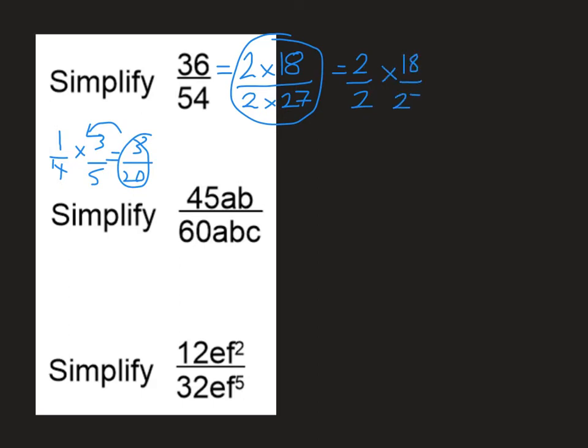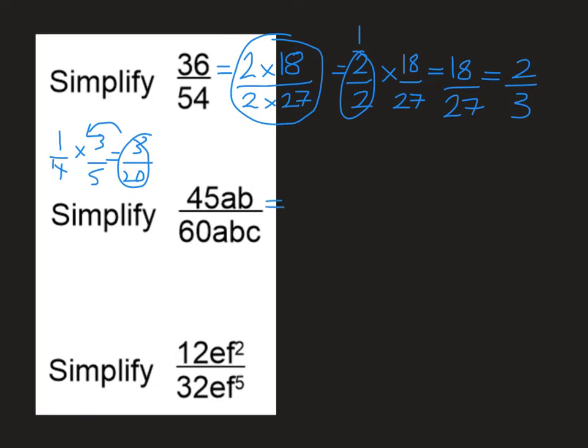And what's 2/2? Well, that's 1, 2 divided by 2 is 1, and 1 times something is just that something. So I'm just left with 18/27. That's why I can divide the top and bottom by the same number, because I'm just using that concept. I'm going to divide the top and bottom now by 9, and that's my simplest form.